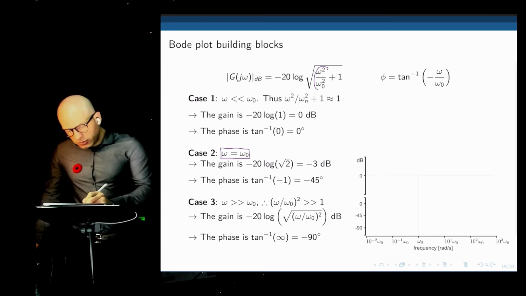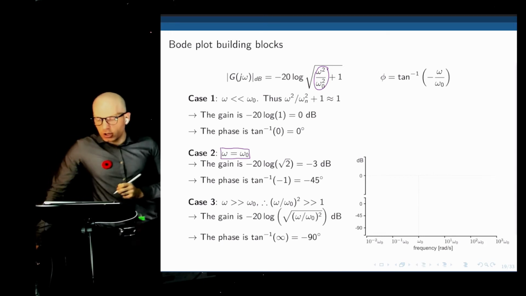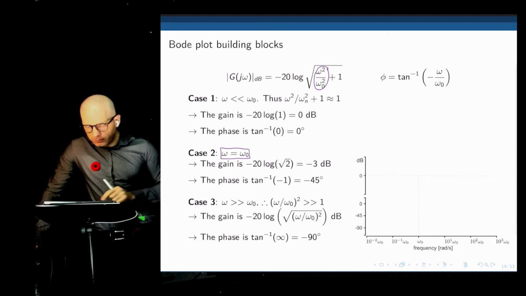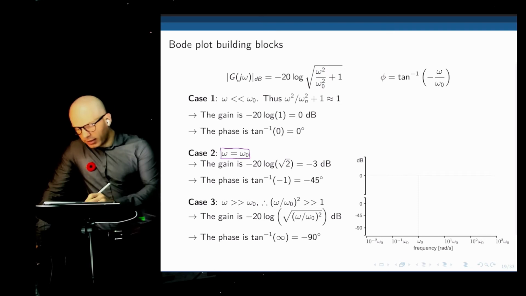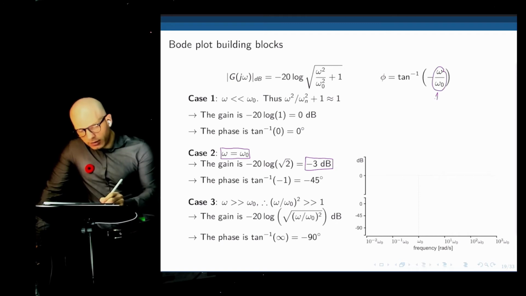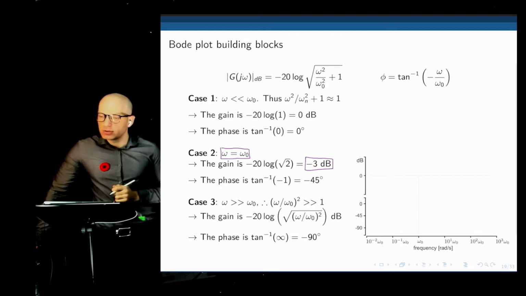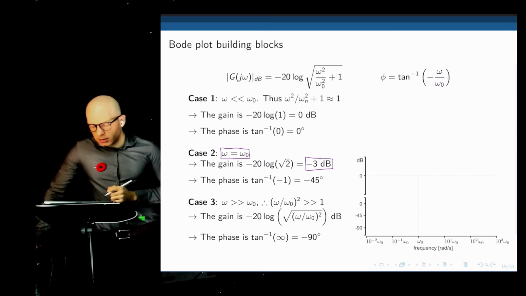So this division becomes 1, and we are left with negative 20 log of the square root of 2, which is negative 3 dB. And if you take this as 1 and take the inverse tangent of that, that is negative 45 degrees. So at the cutoff frequency, the gain is negative 3 dB and the phase is negative 45 degrees.